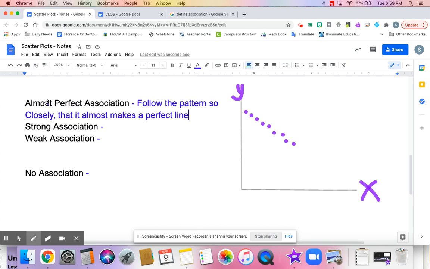This association's almost perfect. It could look like almost a straight line and be almost perfect. It could also look like an almost perfect curve. And also be an almost perfect association.